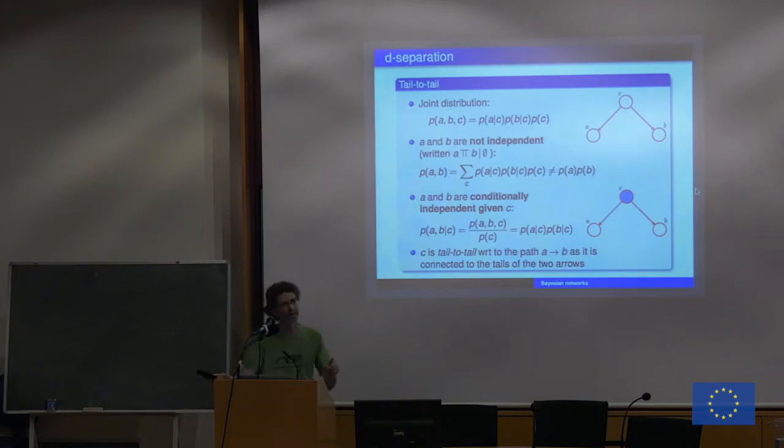And when you have a network with 3 nodes, looking at the fully connected network doesn't make much sense, because if it's fully connected, everything is related with each other. So it has to be a network where one edge is missing. And now let's see what happens depending on how this network looks like, and this depends on the directions of the arrows.